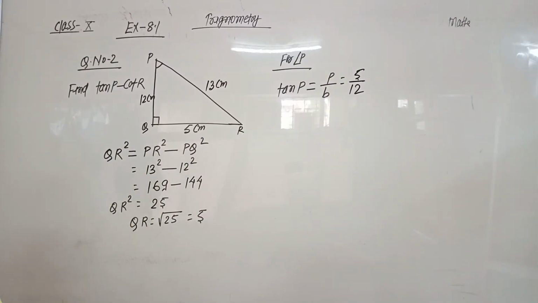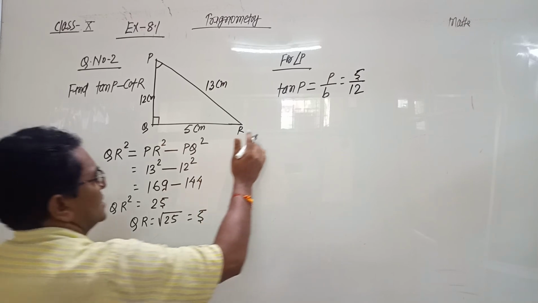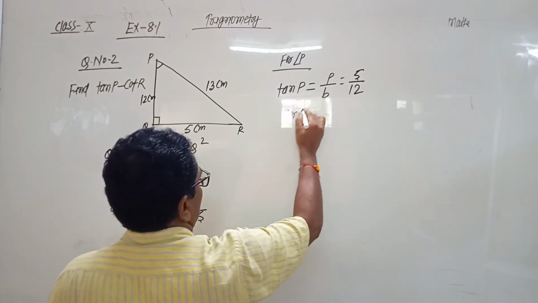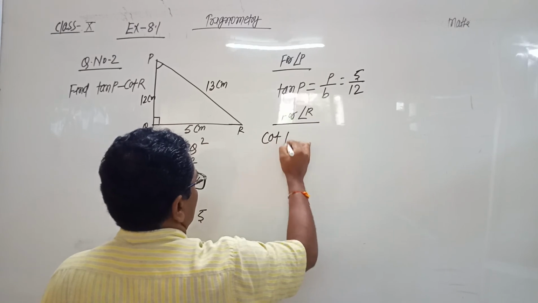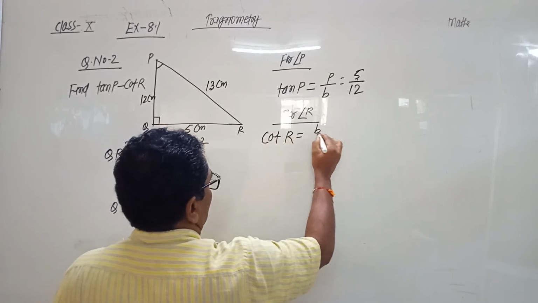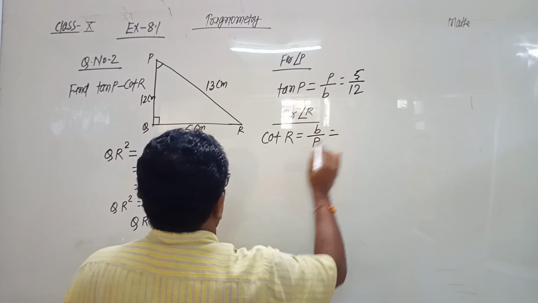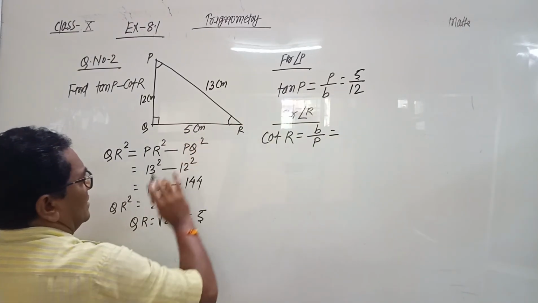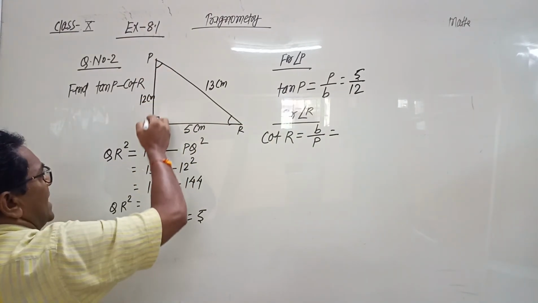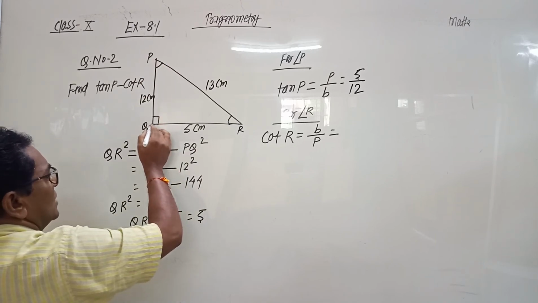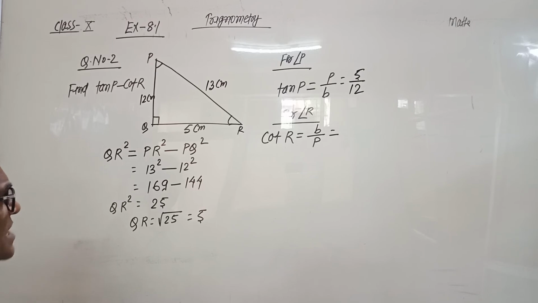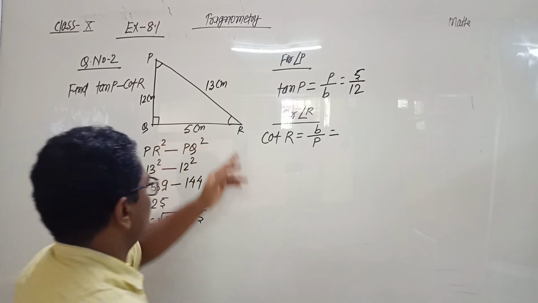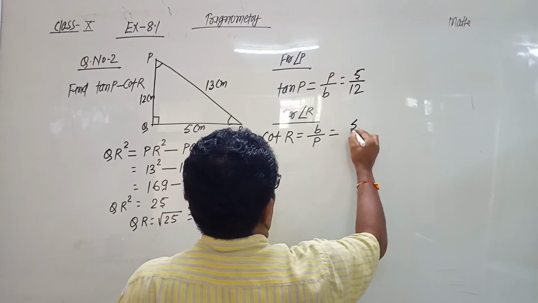Then we have to calculate cot R. Cot R means for acute angle R. The formula for cot equals base upon perpendicular. For this angle, the perpendicular is PQ, which is 12, and the base is QR, which is 5.